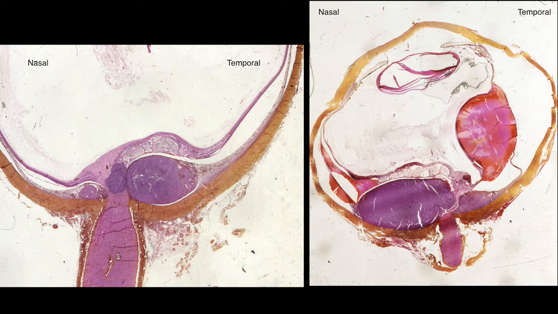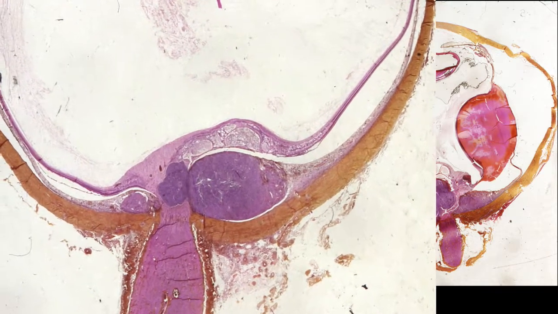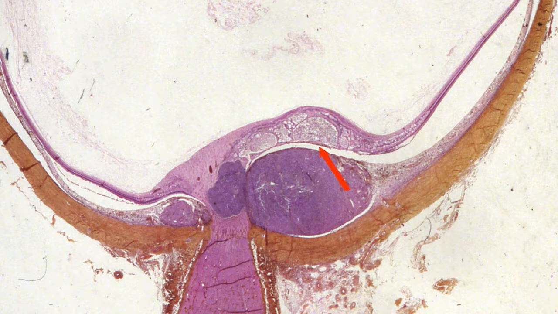Here are two examples that perfectly illustrate this discovery. Two right eyes, enucleated for malignant melanoma, compressing the optic nerve and causing ischemic lesions. In the example on the left, the macula is not detached, as demonstrated by the presence of RPE cells in contact with the neuroepithelium.